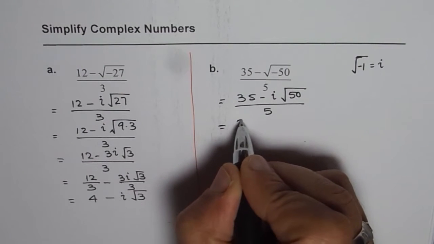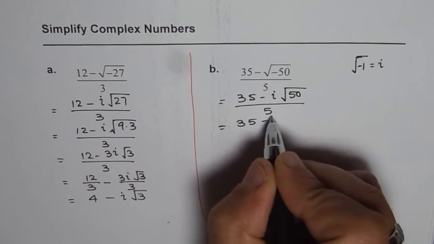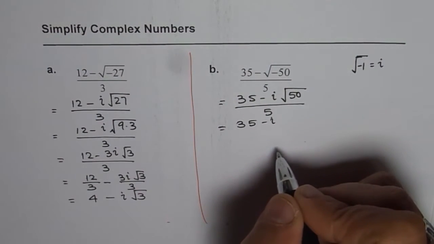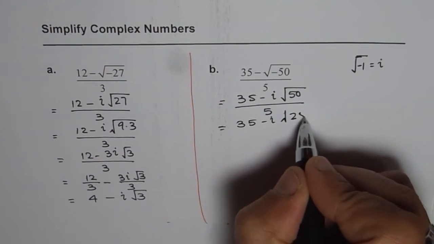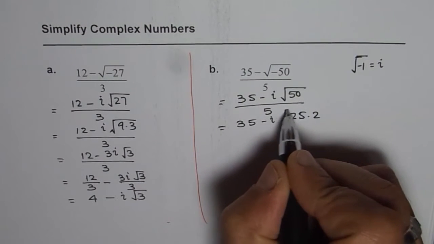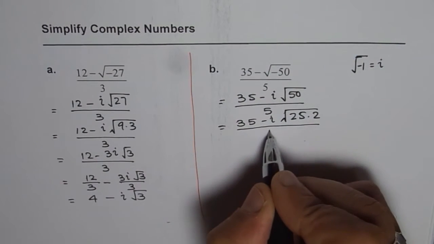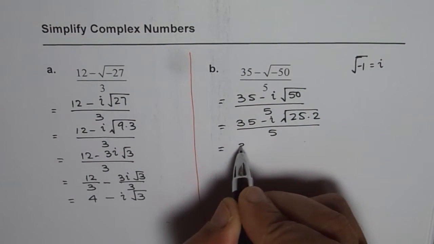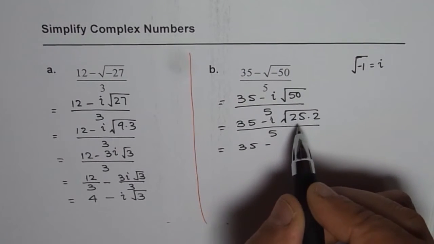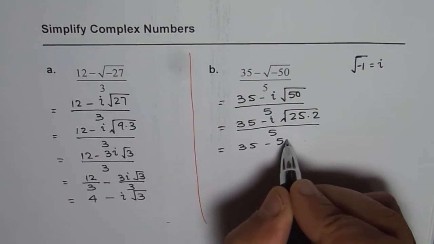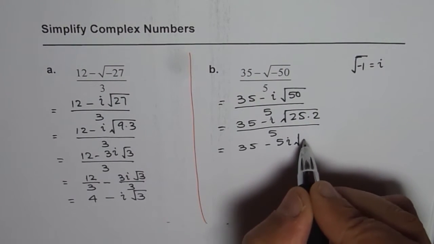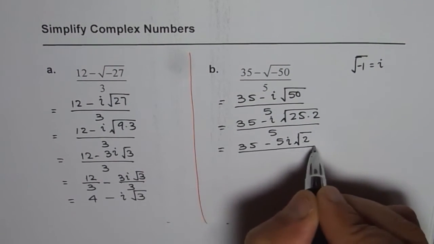The second step is we need to write square root 50 as a product of two numbers, one of which is a perfect square. 25 times 2 works for us, right? So we can now write this as 35 minus, what is the square root of 25? 5. So we can take that 5 out and leave 2 inside.